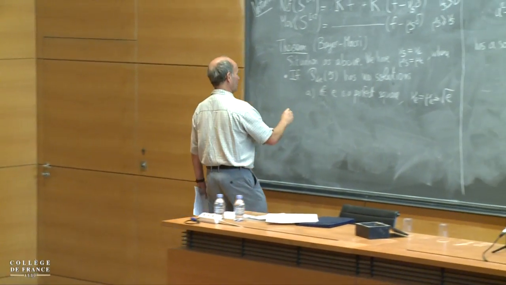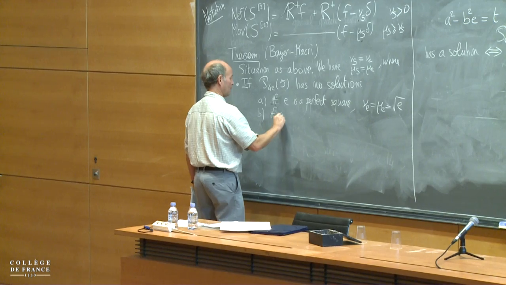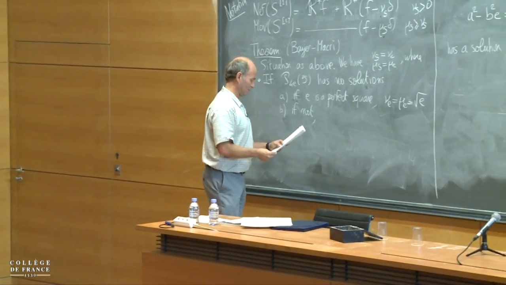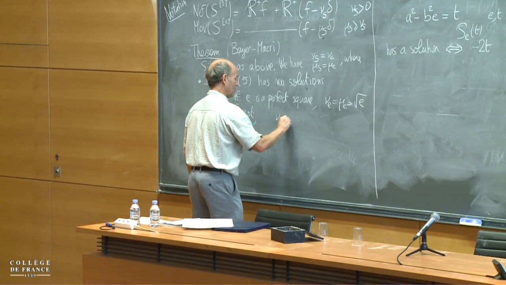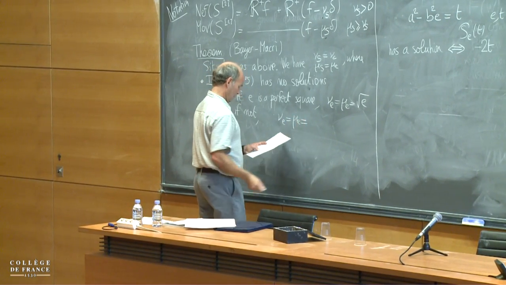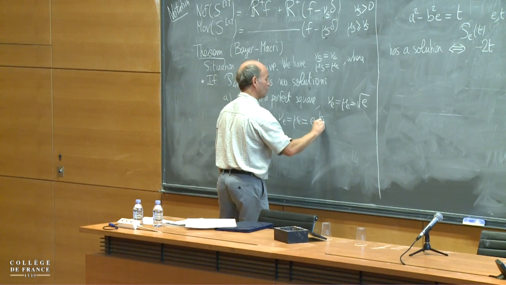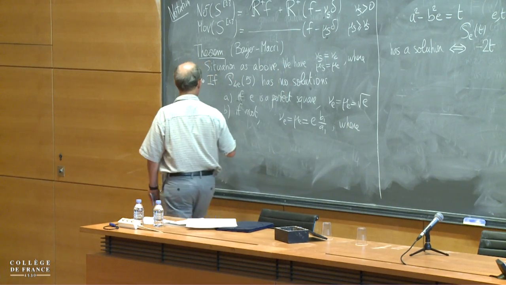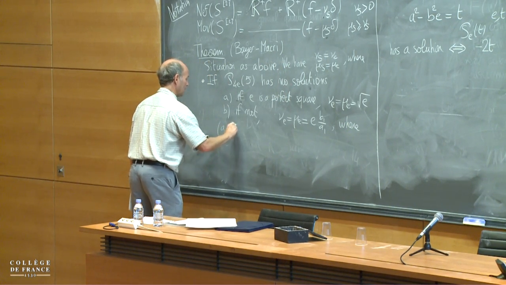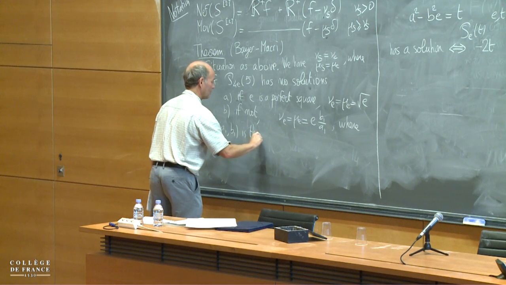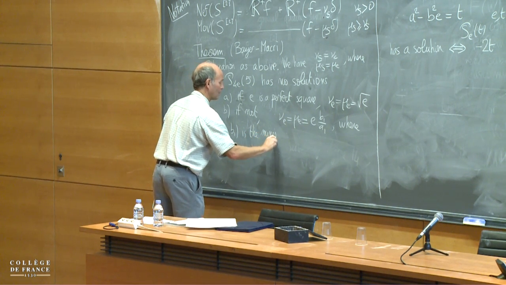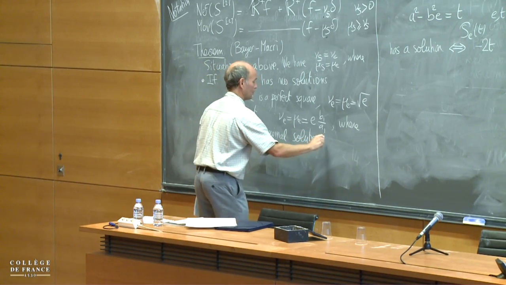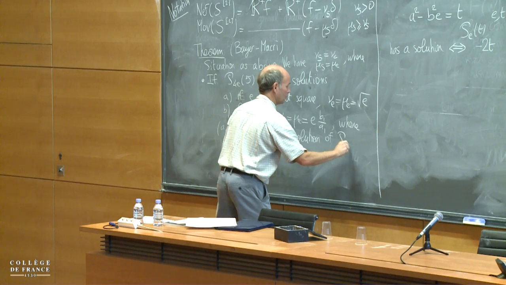If e is not a perfect square, then they are still equal, but they are equal to e b_1 over a_1, where (a_1, b_1) is the minimal solution of the equation P_e(1).